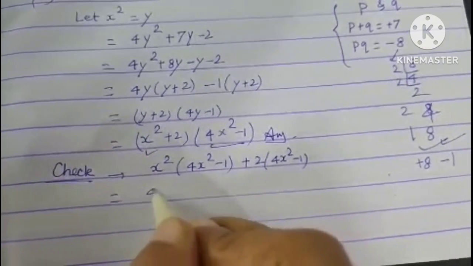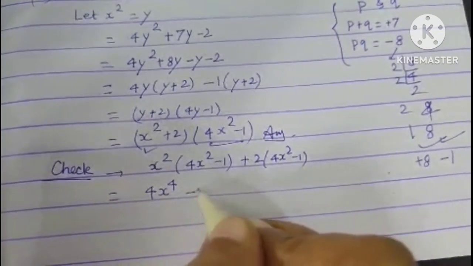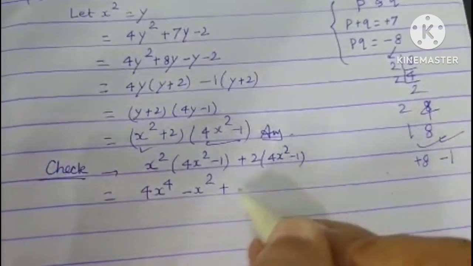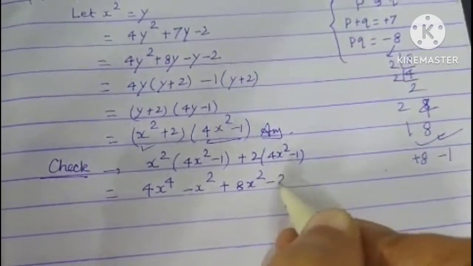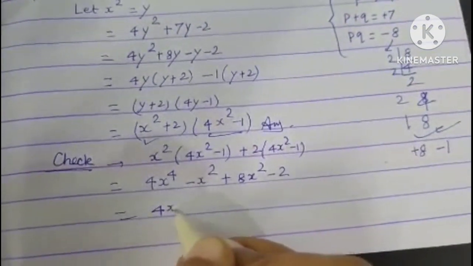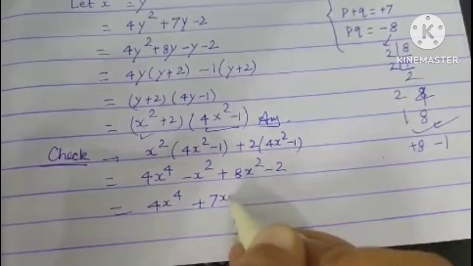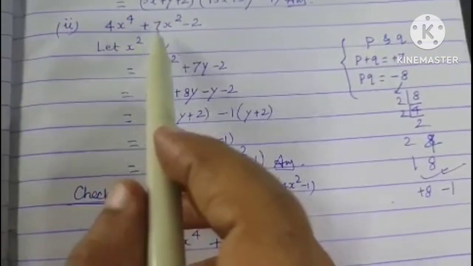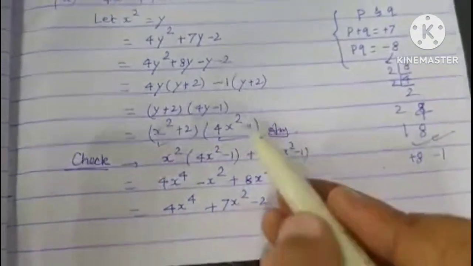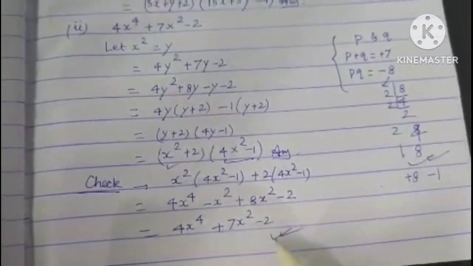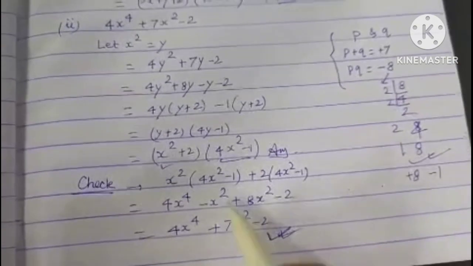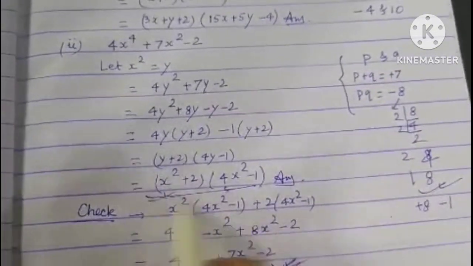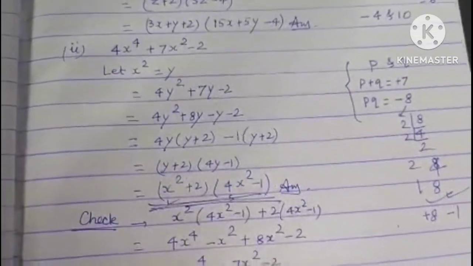So it will become 4x to the power 4 minus x square plus 8x square minus 2, that will be equal to 4x^4 plus 7x square minus 2. So this is matching with our question. Okay, I have just showed you how to check this one, but this is our answer. This is the factorized form.